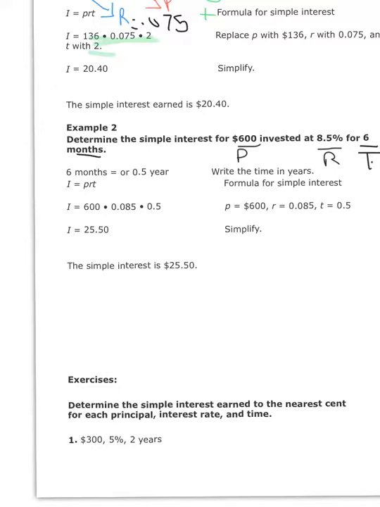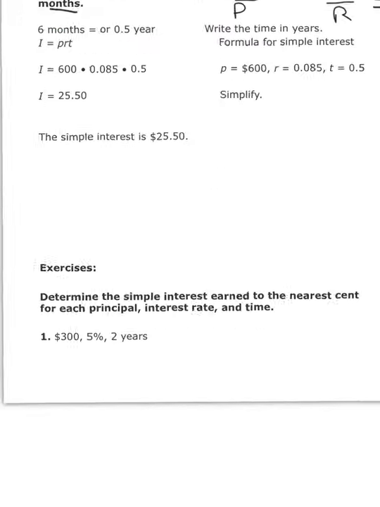Now we'll go over to example 1 here and do that together. Determine the simple interest earned to the nearest cent for each principal, rate, and time. We've got $300 at a 5% interest rate for 2 years. We're going to first write the formula, I equals PRT.